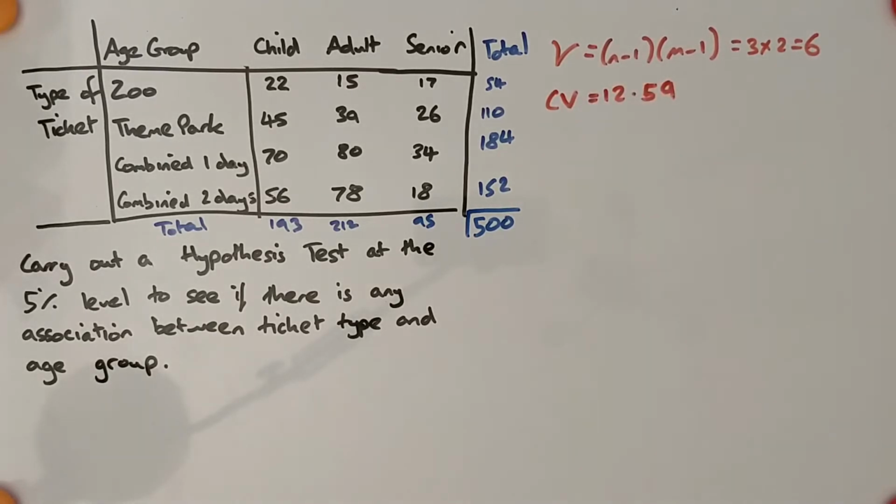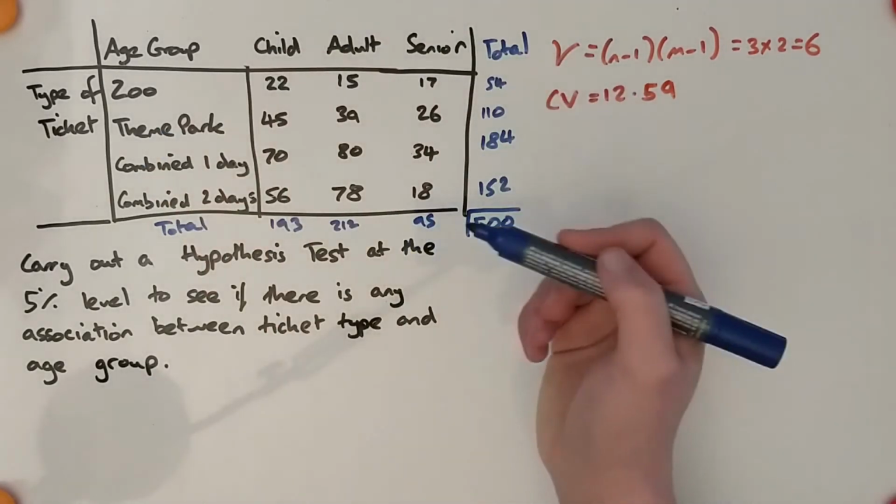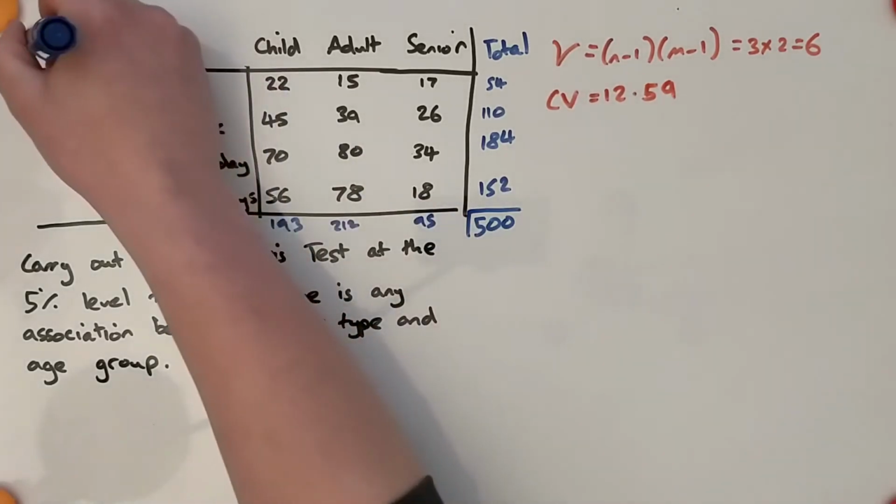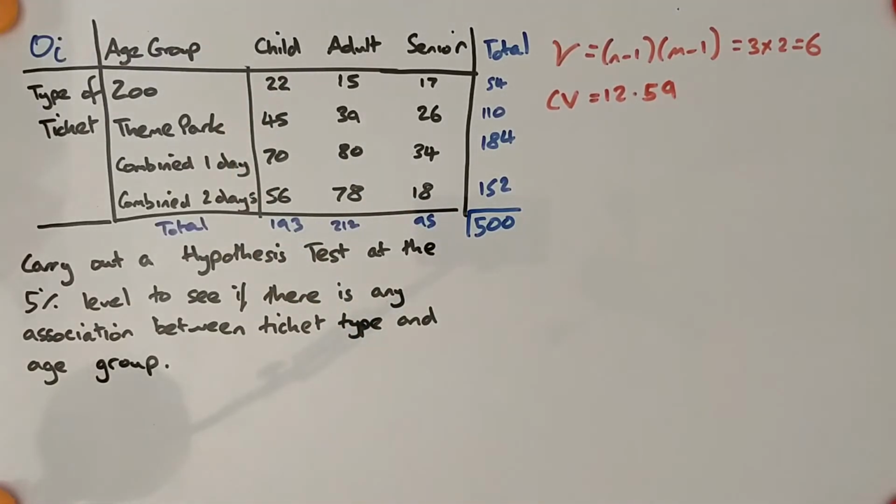When we do a hypothesis test with a chi-squared, we have some things we need to work out. These values here were given in the question. We call these our observed values, call them, say, O_i. Then we need to work out our expected values.